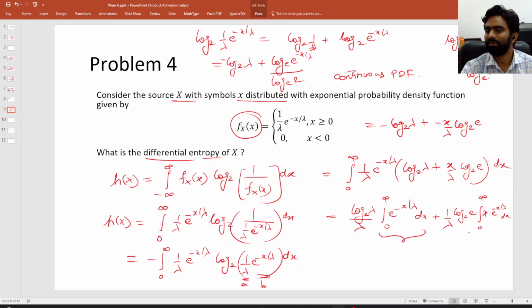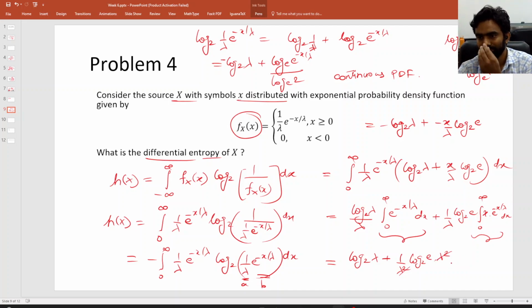Now by solving the integral, you will directly get log base 2 of lambda plus, this will be 1, this will be 1, and there is no lambda. So lambda will be cancelled, you will get log base 2 of lambda. And here by solving this one you will get 1 by lambda square, log 2 e is a constant, into lambda square which will be cancelled out here.